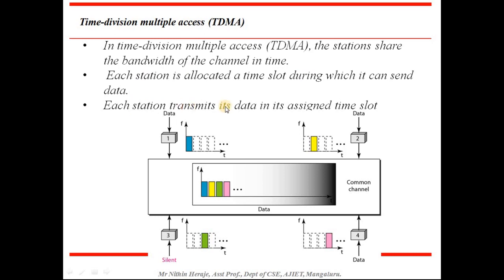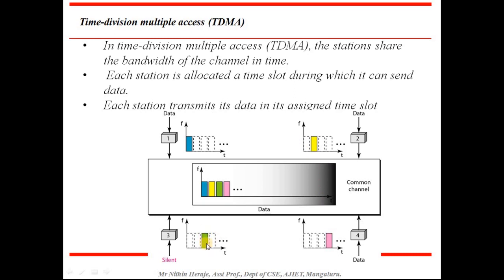Each station transmits its data in its assigned time slot. If you look at this diagram, for station 1 the blue slot is the time slot given to send its data, and for station 2 the yellow slot is given the time slot to send the data.